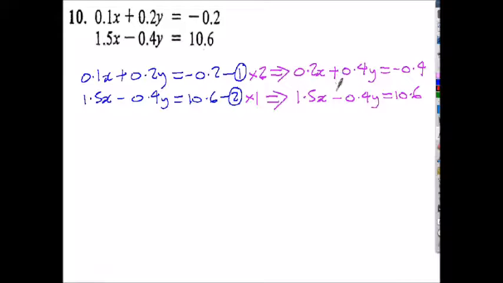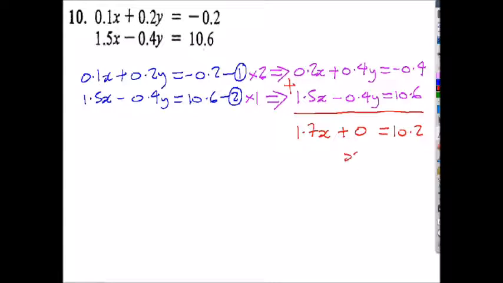Again, as the coefficients for the y term have different signs, I will add the equations to eliminate y from the solution. So adding 0.2x and 1.5x is 1.7x, and then the 0.4y add the negative 0.4y, obviously 0, and then adding the negative 0.4 to the 10.6 will give me 10.2.